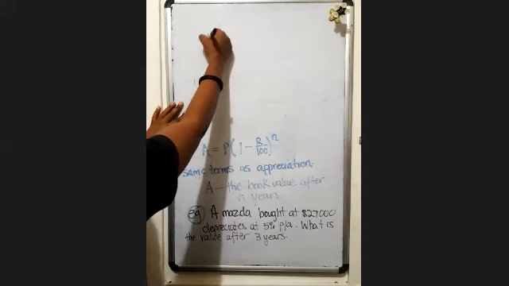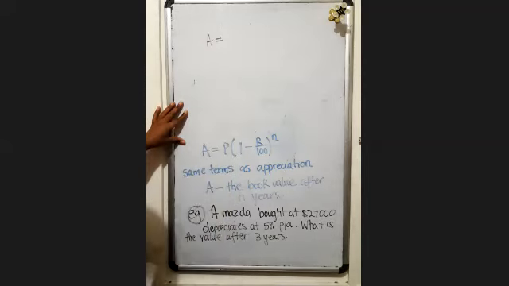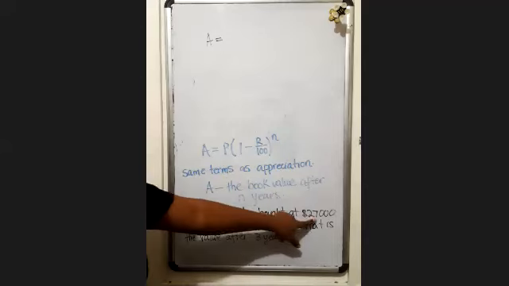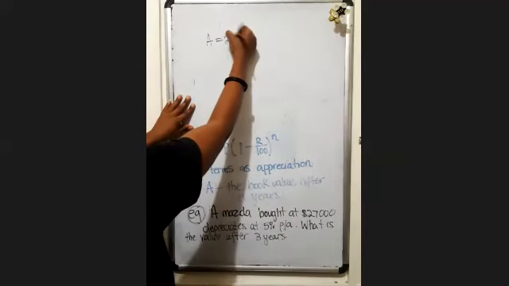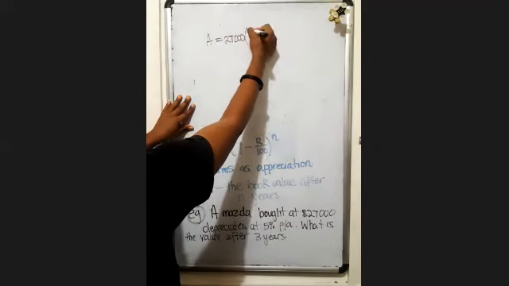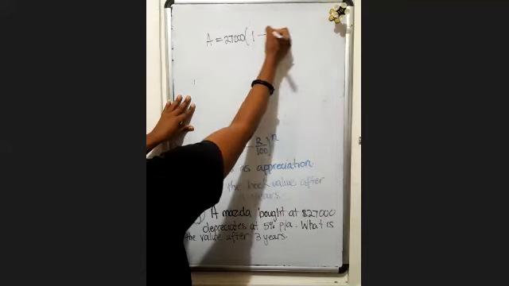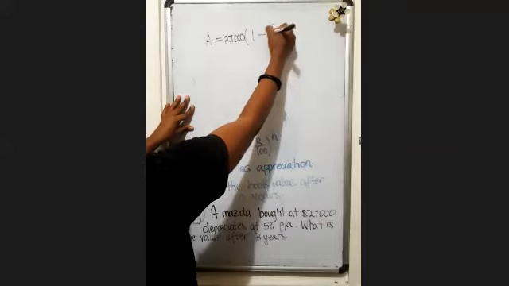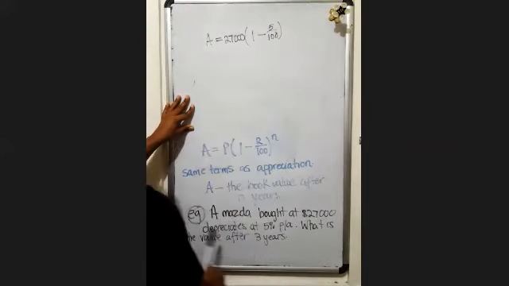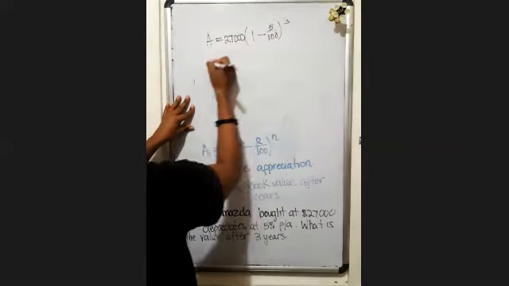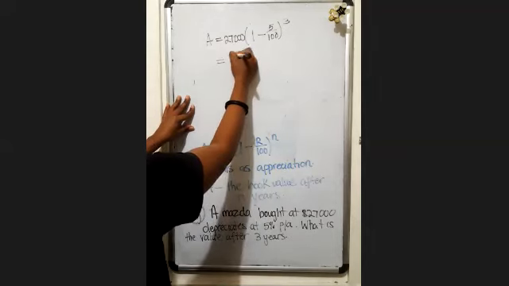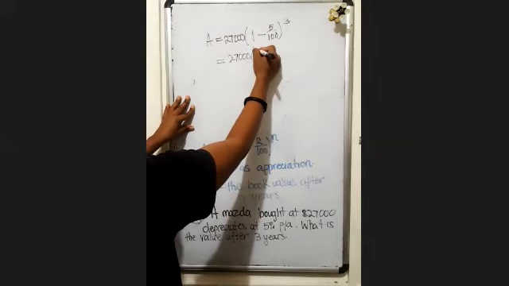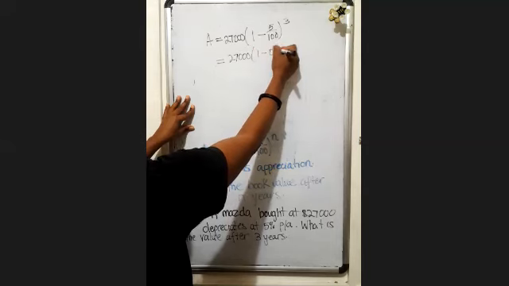So A would be equal to P, which is principal, which is 27,000, open brackets, 1 minus the rate, which is 5 over 100, raised to the power of 3, which would be 27,000 by 1 minus 0.05 cubed.